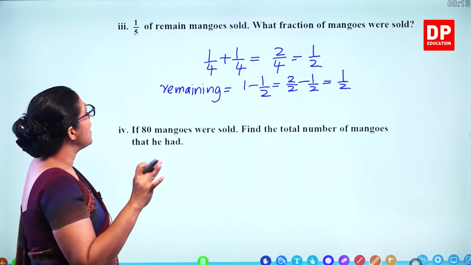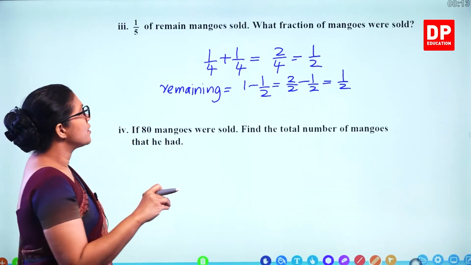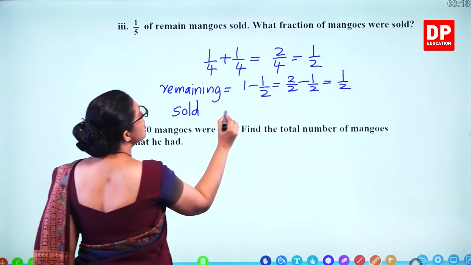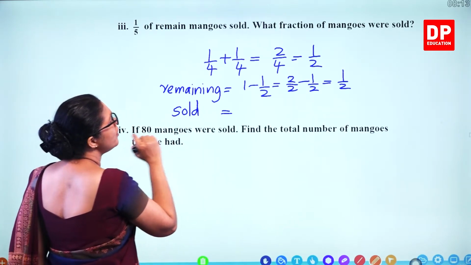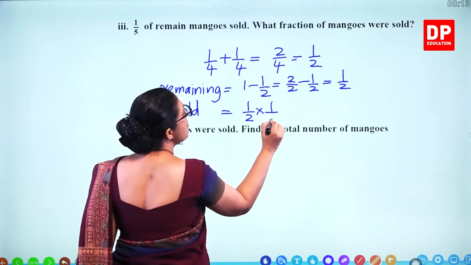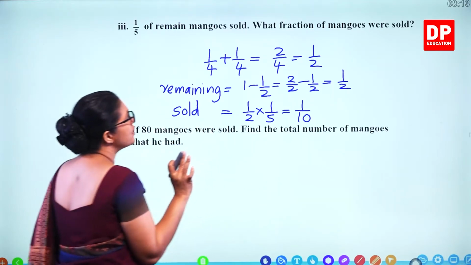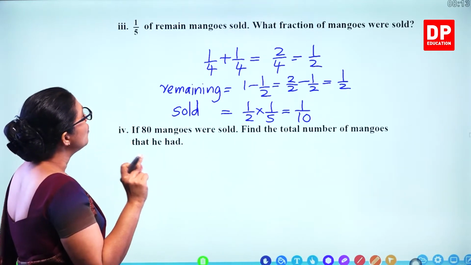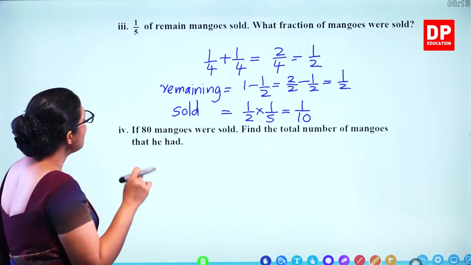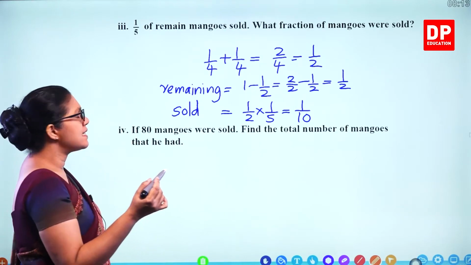So half is remaining. 1/5 of remaining mangoes sold. So what is the fraction sold? 1/5 of remaining one, that's half. So 1/10 sold. So what fraction of mangoes was sold? 1/10. If 80 mangoes were sold, find the total number of mangoes that he had.